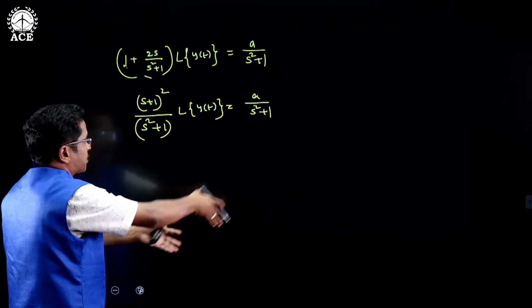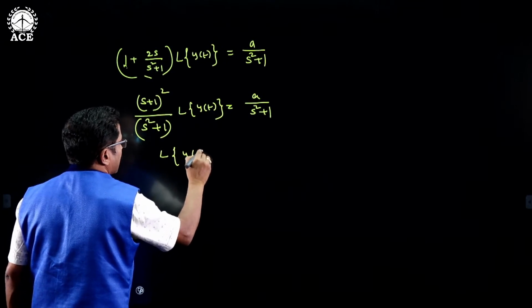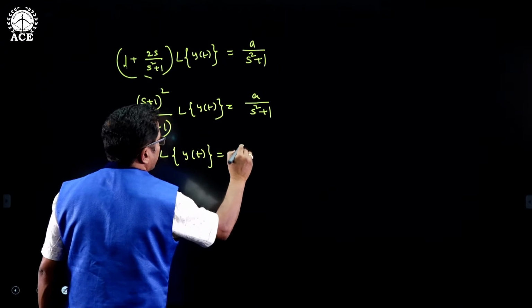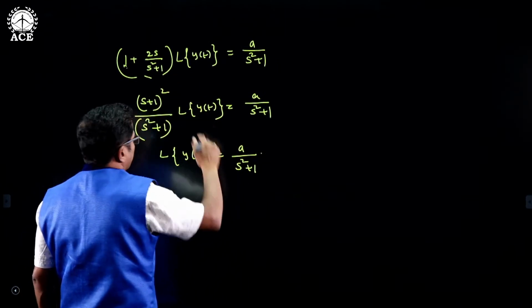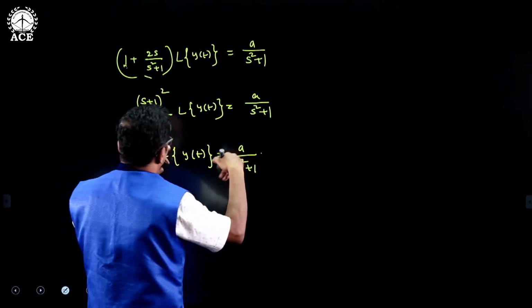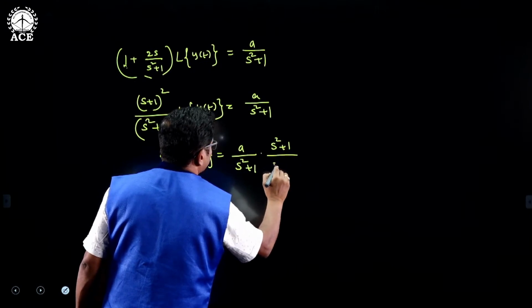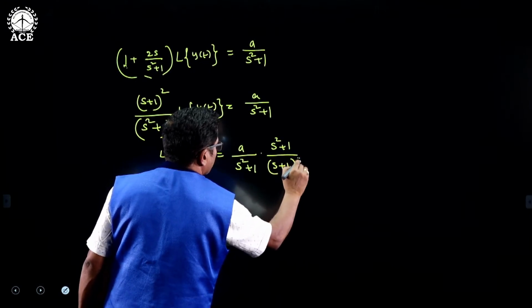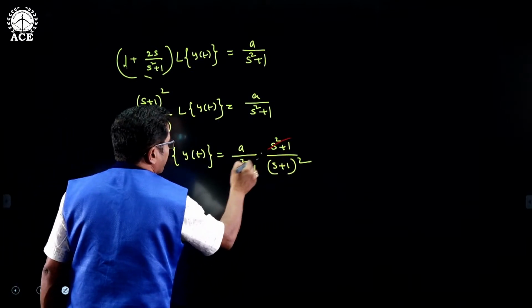Now I am taking this to the other side, then L of y of t equals a by s square plus 1 into, when I bring this fraction to the right hand side, it will be reciprocated: s square plus 1 by s plus 1 whole square, where s square plus 1 in the numerator and denominator get cancelled.